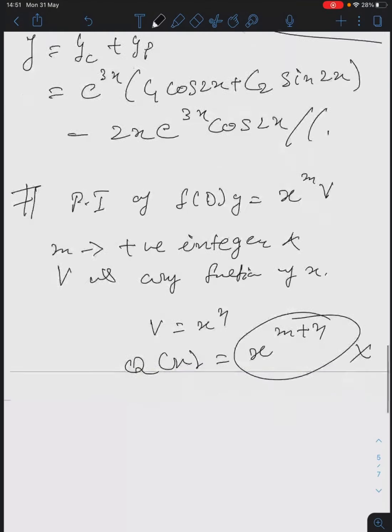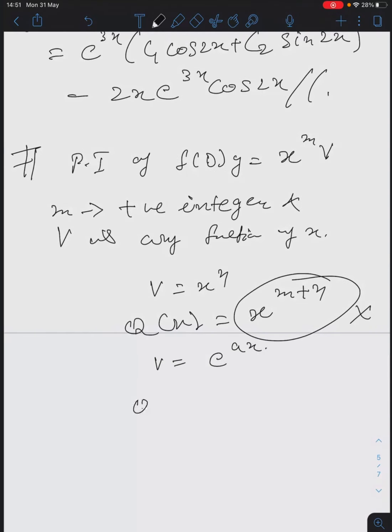Now suppose v is e to the power ax. This is also not required. Why? Because what do you have as your Q of x then? You will have x to the power m multiplied with e to the power ax. This is nothing but e to the power ax multiplied with x to the power m. And just now we have seen this kind of problem where a function is multiplied with e to the power ax itself.